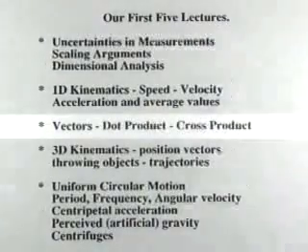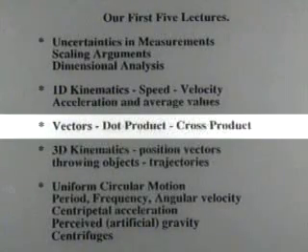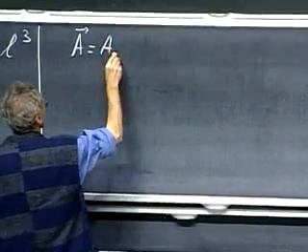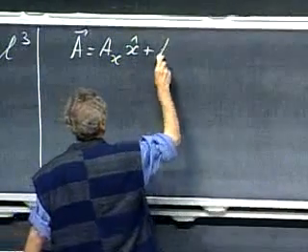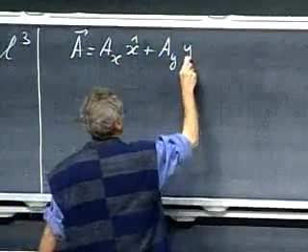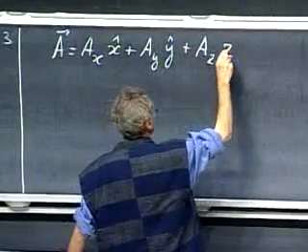And let's now talk about dot products. I scan a little bit in a random way over my topics. I have a vector A, a_x times x-hat, which is the unit vector in the x direction, plus a_y y-hat, plus a_z z-hat.